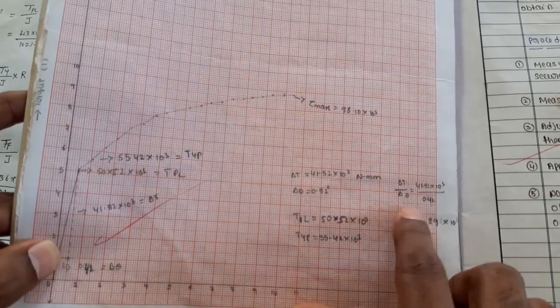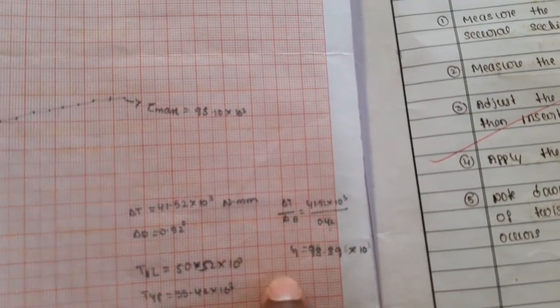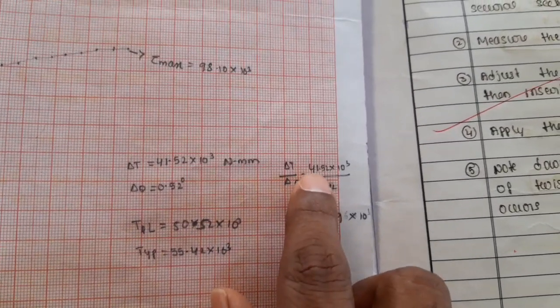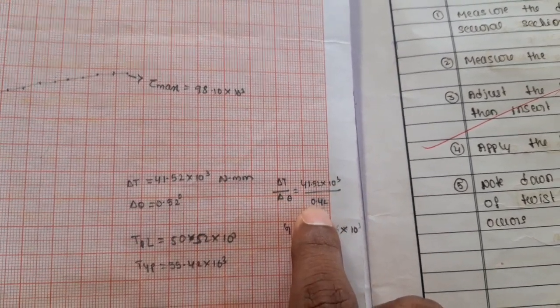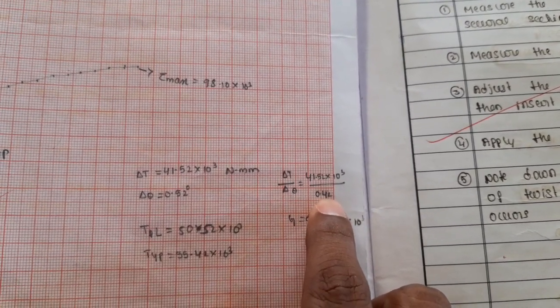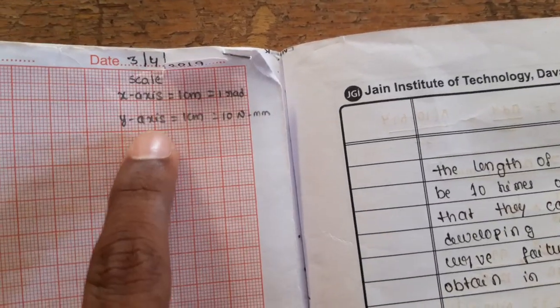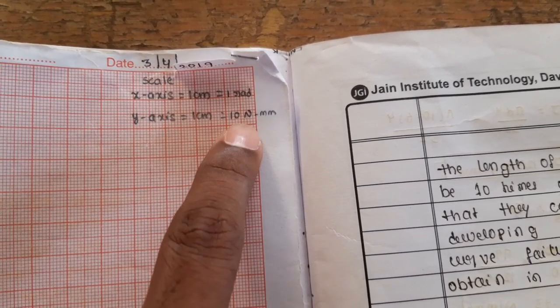By using this, we calculated delta T by delta theta, which is 41 into 52 into 10 raised to 3 divided by 0.42. The 10 raised to 3 is because on the x-axis we consider 1 centimeter equal to 1 radian, and on the y-axis we consider 1 centimeter equal to 10 raised to 3 Newton meter.